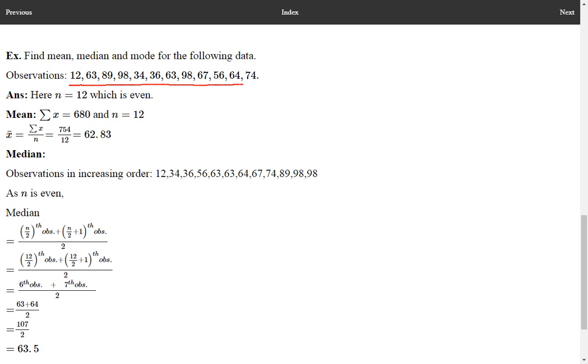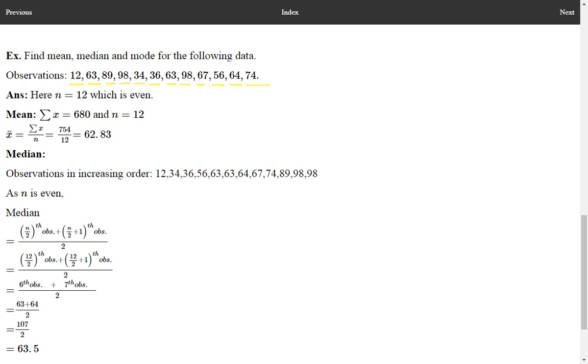These observations are given and we have to find the mean, median and mode for them. So count the number of observations. They are 12 in number. We can count them: first, second, third, fourth, fifth, sixth, seventh, eighth, ninth, 10th, 11th and 12th.